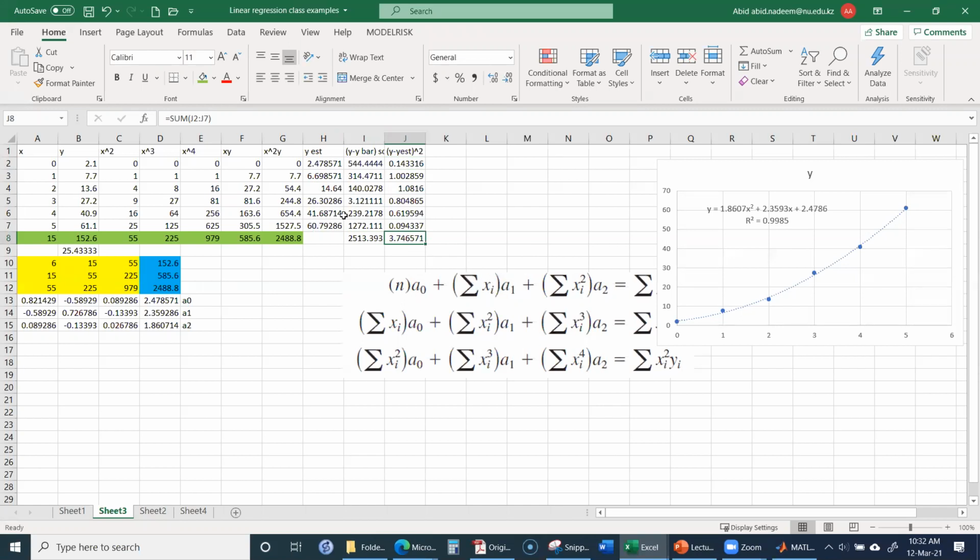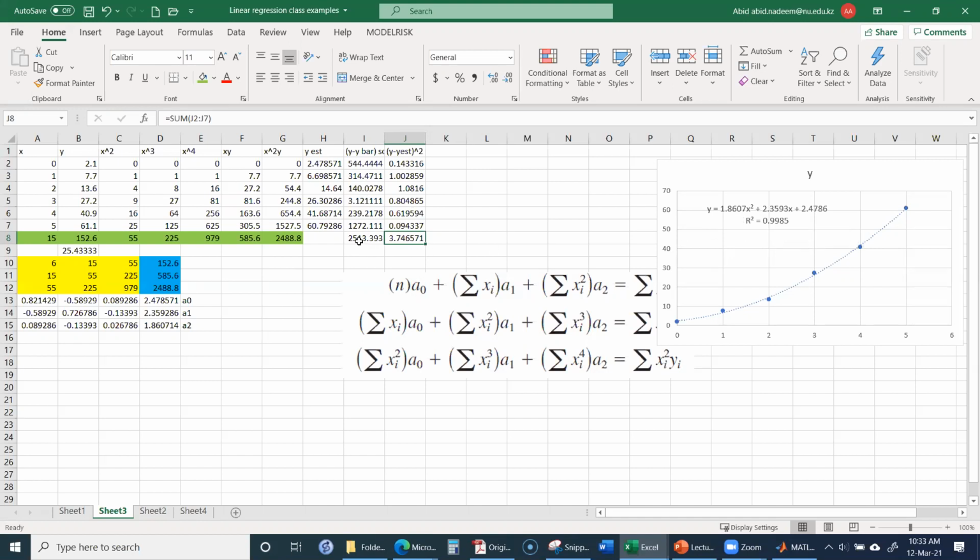This means that the difference of the values from the average is more compared with the difference of these values from the estimated value. The sum of the squares of the residuals is only 3.74 compared with the sum of the squares with the average values. So this gives us the improvement for this R square value, which is 0.9985.